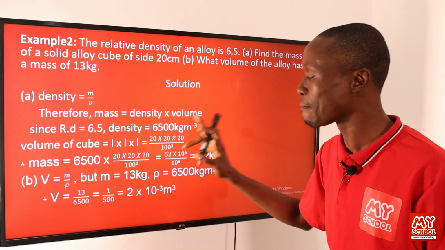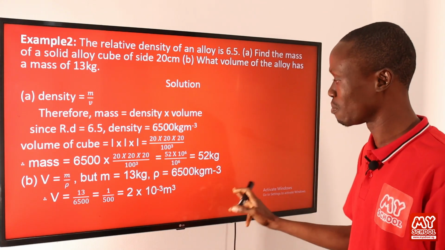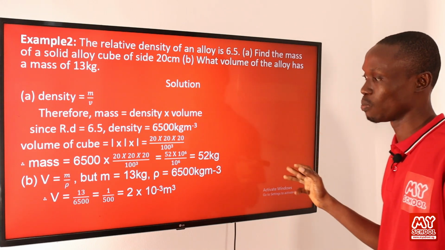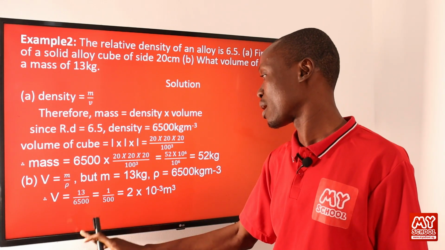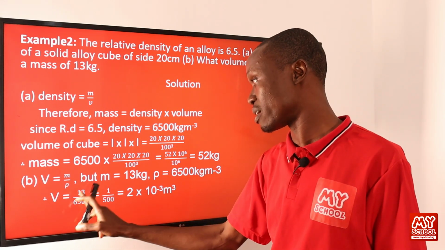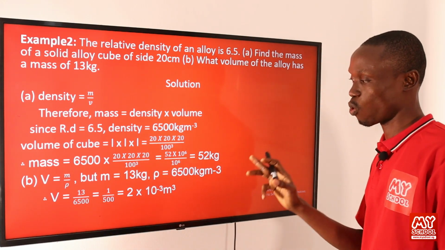Okay, but remember that the mass given to us is 13 kg and our density still remains the same, 6,500 kilogram per meter cube. So volume is equal to 13 over 6,500, right? 13 here is 1, while 13 into 6,500 is equal to 500.